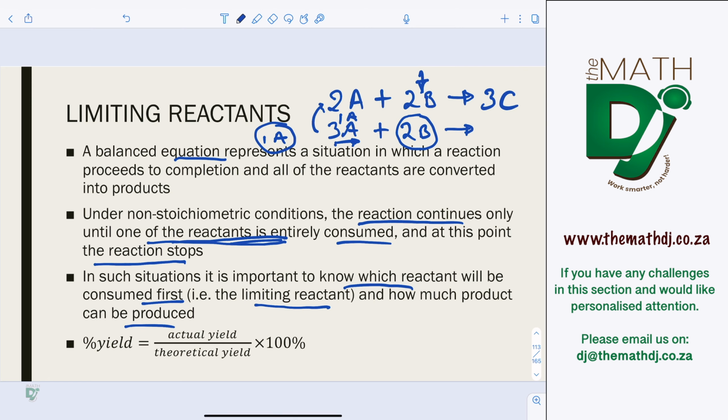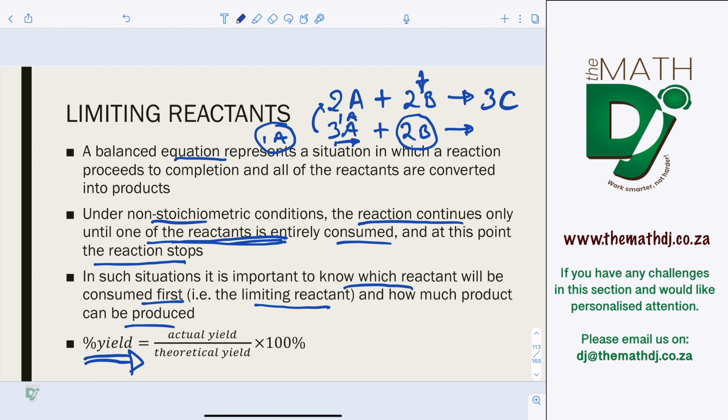In this case, you might also be asked to find the percentage yield. If you are dealing with non-stoichiometric conditions, sometimes the reaction does not reach its full potential. When it does not reach its full potential, we talk of percentage yield.